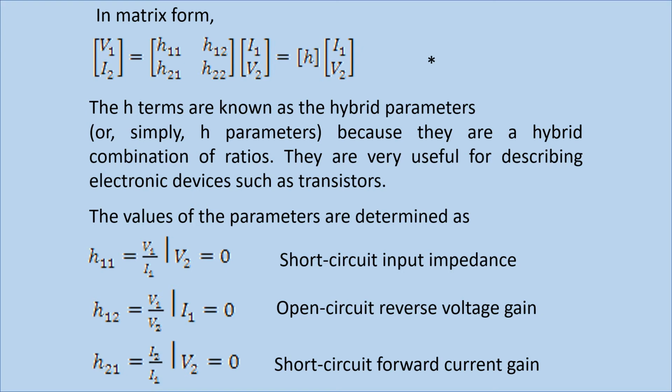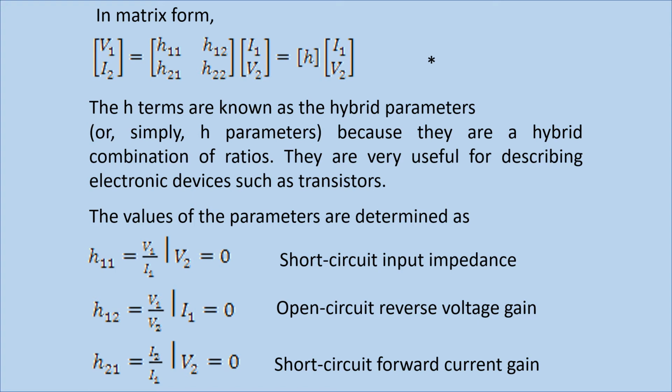So we have from our formula stated in slide 2, V1 equals H11 I1 plus H12 V2, and I2 equals H21 I1 plus H22 V2. From that formula, we can get the different values of the hybrid parameters.